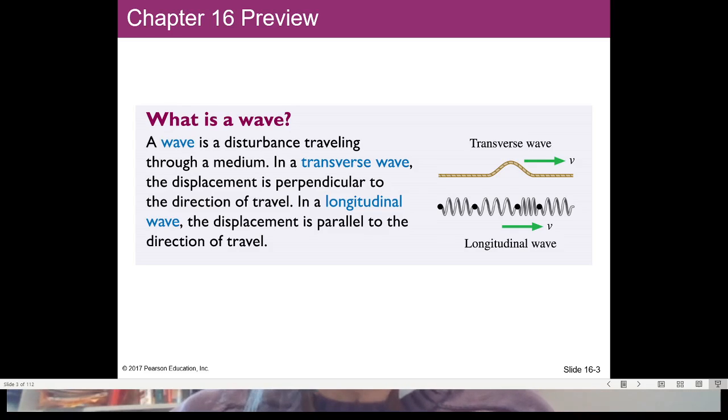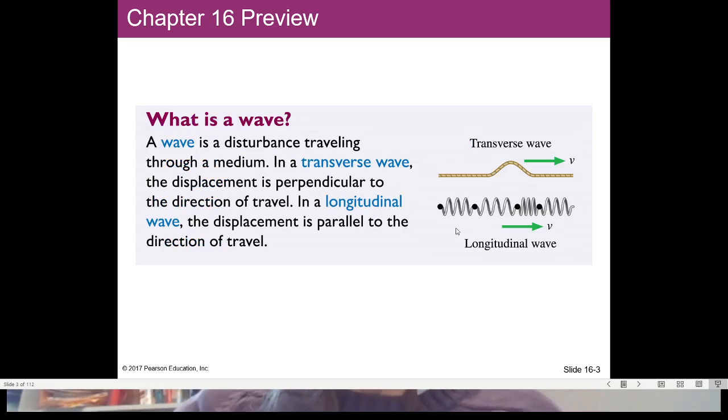We can split up or classify different kinds of waves in different ways. For example, one way we can classify waves is the direction of wavage as compared to the direction of travel of the wave. In a transverse wave, as you can see here in this picture, the wavage, that is the disturbance, is perpendicular, in this case up and down, whereas the direction of travel is sideways. So those are perpendicular to each other, and we call that a transverse wave.